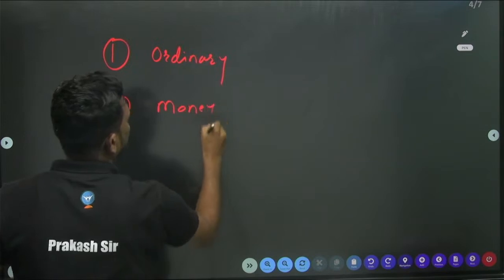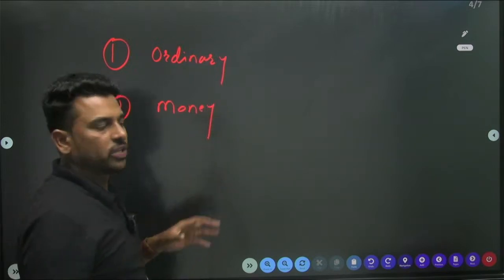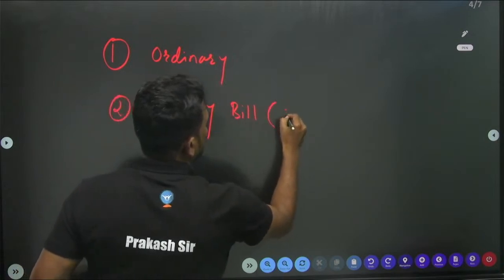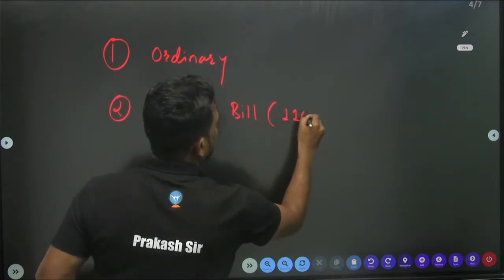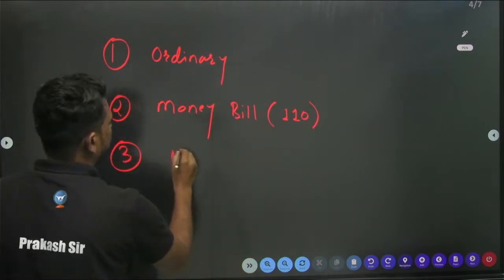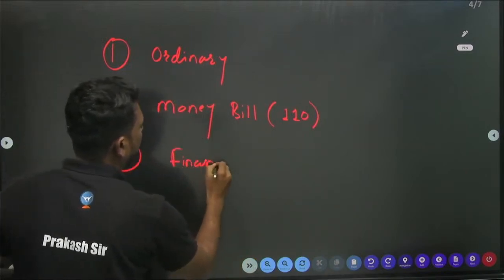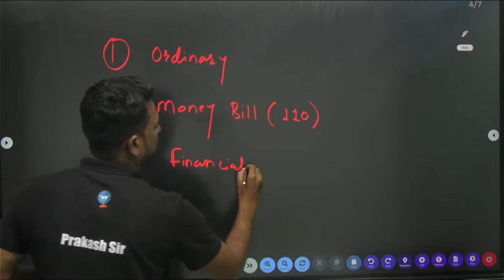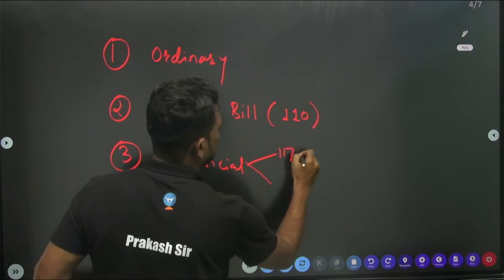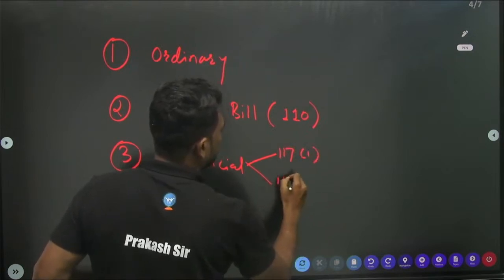In the money bill, the Lok Sabha has full authority. Money bill comes under Article 110. Then the financial bill. Financial bill has two categories, and that comes under Article 117, clauses 1 and 3.